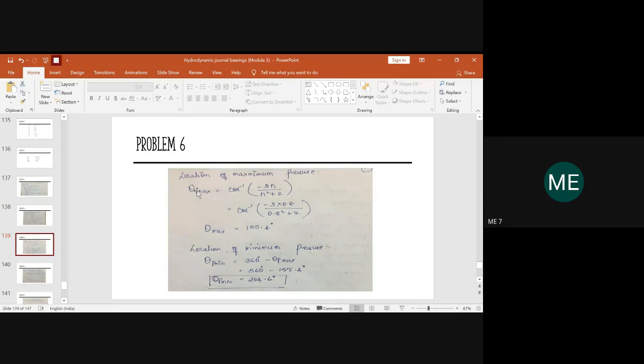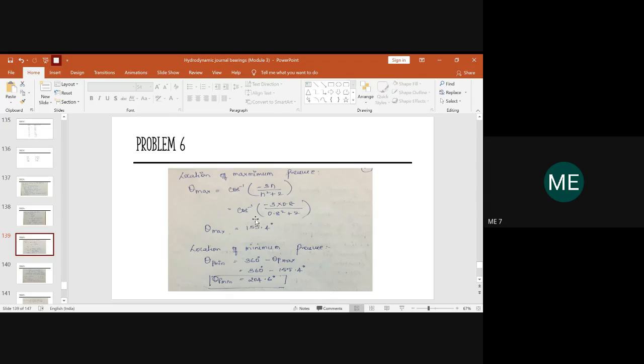Always in a pressure distribution problem, theta max will be determined by using cos inverse of minus 3n upon n square plus 2, where n is our eccentricity ratio, which is given as 0.8.